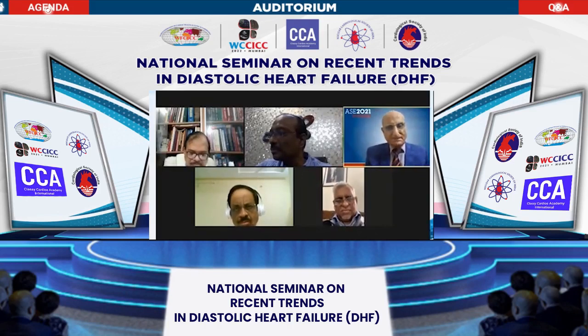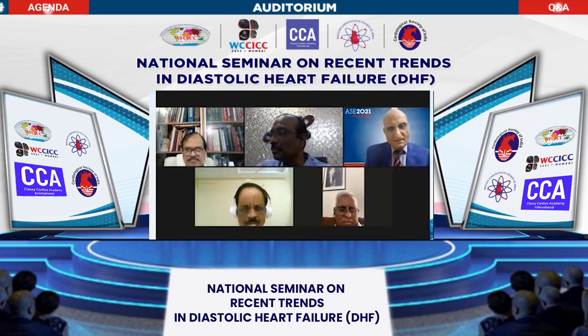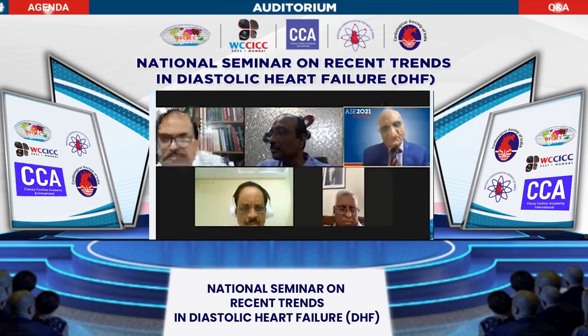We can be very sure that there will be no diastolic dysfunction present. So clinical prerequisites are very important: hypertension, diabetes, and all these factors. When they are present, then we go for all the variables also.